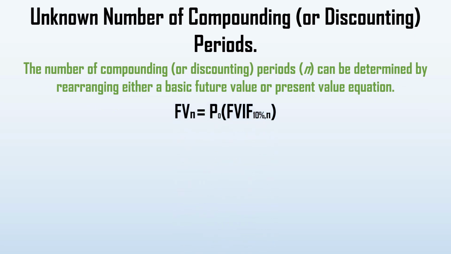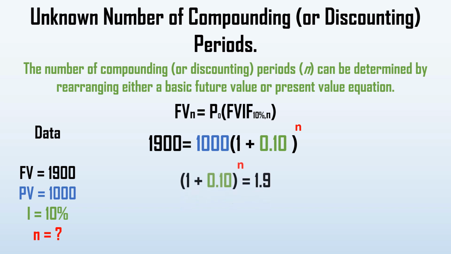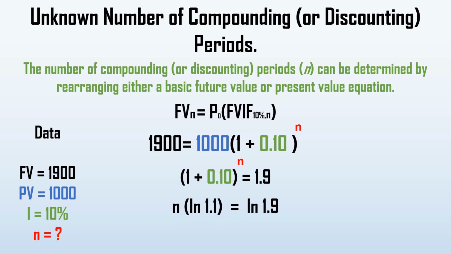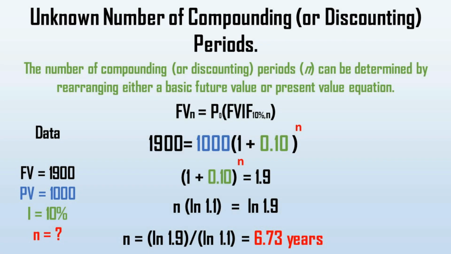Again, the same future value equation. FV is equal to 1900, whereas P0 or present amount is $1,000 multiplied by (1 plus i), that is given, that is 10%, to the power n, that is unknown. We have to calculate that. So by solving this equation, we get that (1 plus 0.1) to the power n is equal to 1.9.